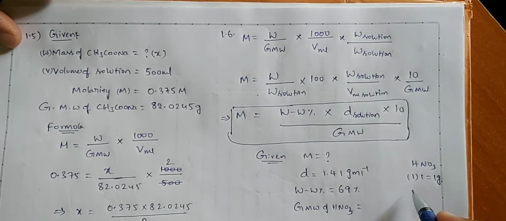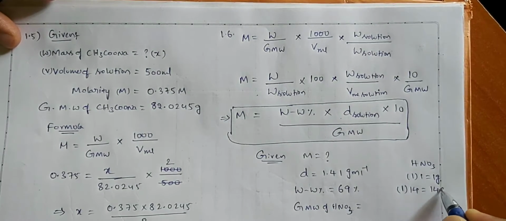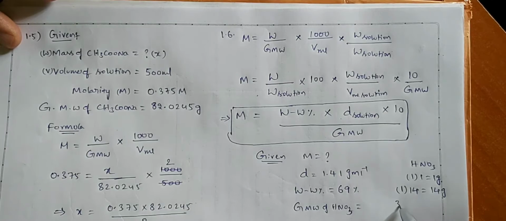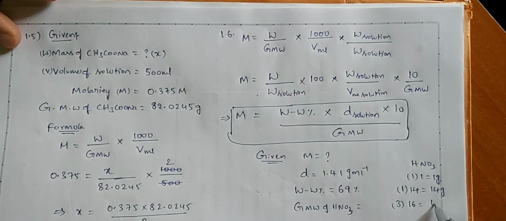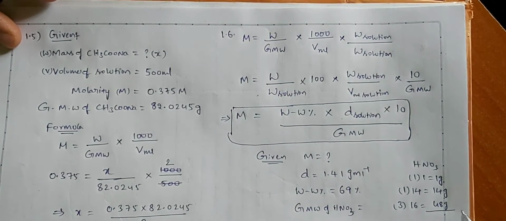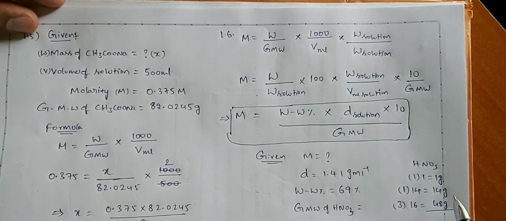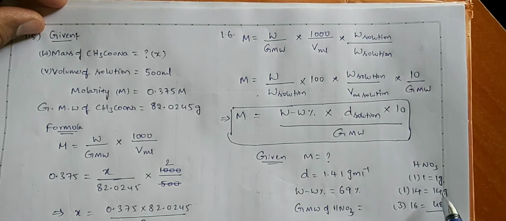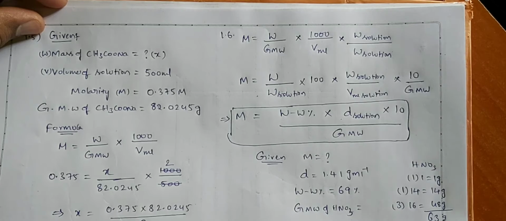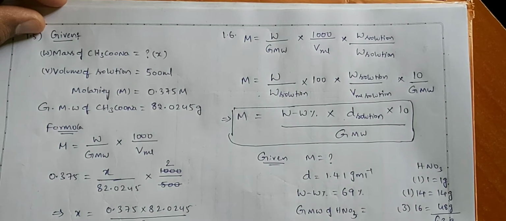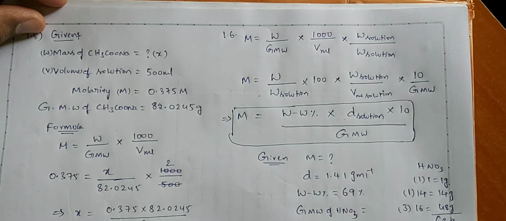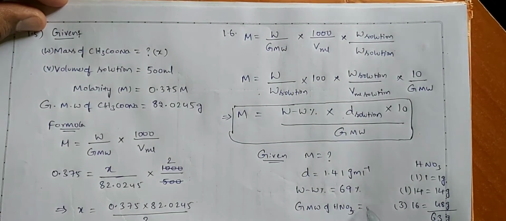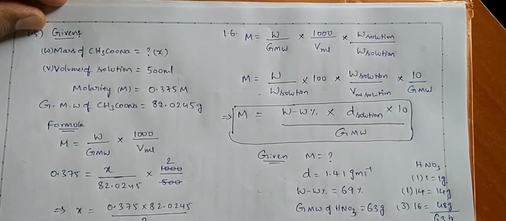to 1 gram. Nitrogen, 1 atom is there, 1 into 14 is equal to 14 grams. Oxygen 3 are there, 3 into 16 is equal to 48 grams. Total 63 grams. So gram molecular weight of HNO3 is 63 grams.